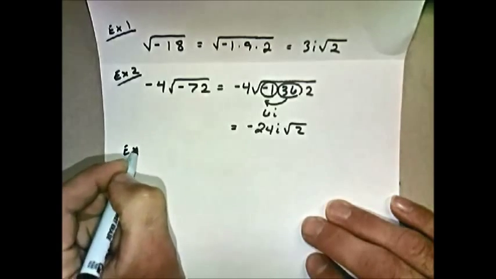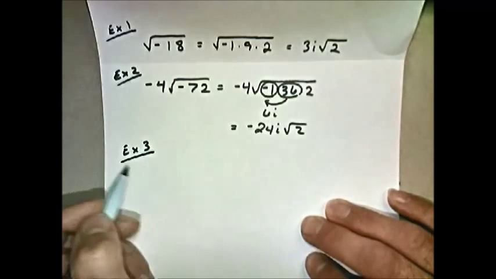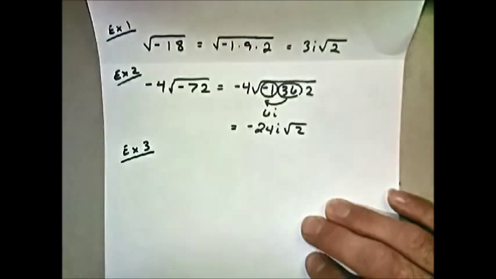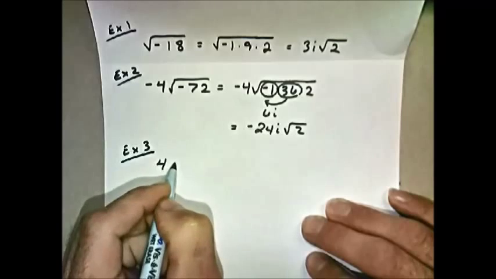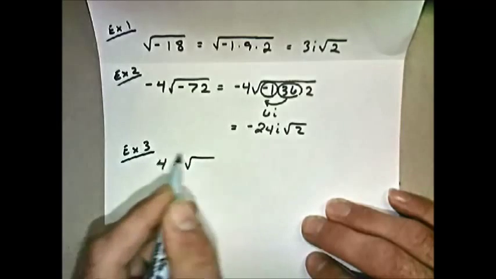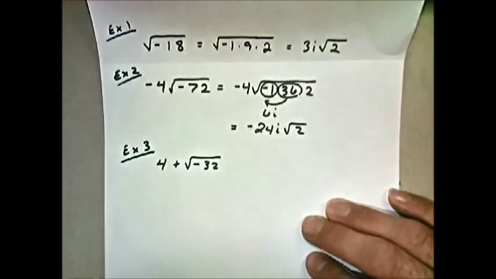We can include numbers in the real number system with the numbers in the imaginary number system to get a complex number. So an example would be 4 plus the square root of negative 32.